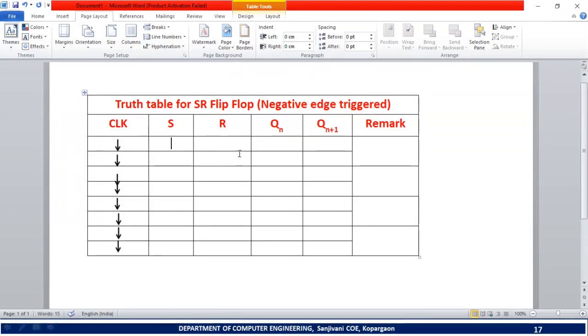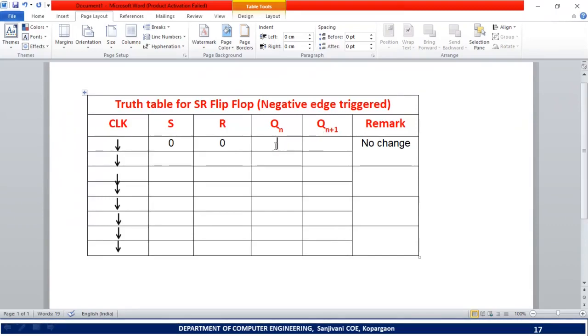Let's start with the first case of the SR flip-flop, where S and R are both 0. We have seen that when both inputs are 0 0, there is no change in the SR flip-flop. Qn means the present state of the SR flip-flop, and Qn plus 1 means the next state.